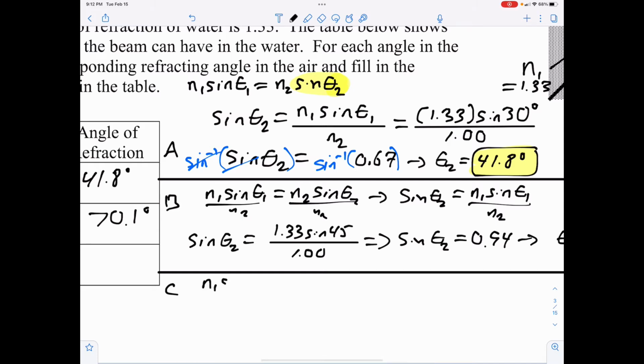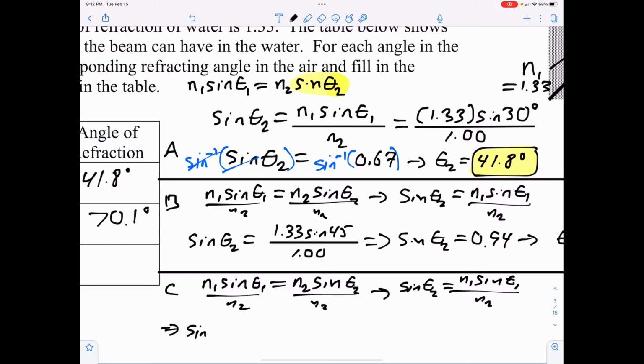N1 sine theta 1 equals N2 sine theta 2. Divide both sides by N2, right? And we get sine theta 2 is equal to N1 sine theta 1 over N2.